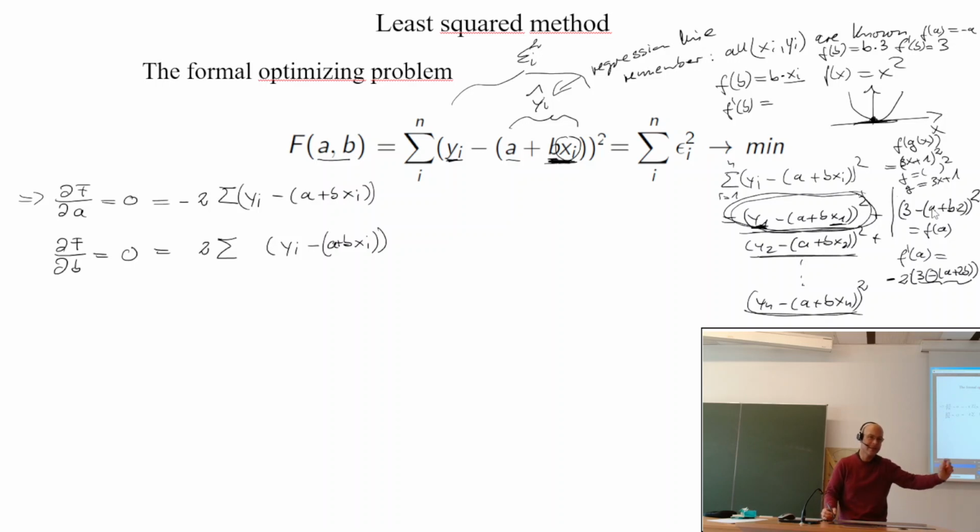I cannot take this inner derivative outside the summation because I have to sum up over all xi. So, and therefore this has to be in front of the brackets from 1 to n and from i equals 1 to n.